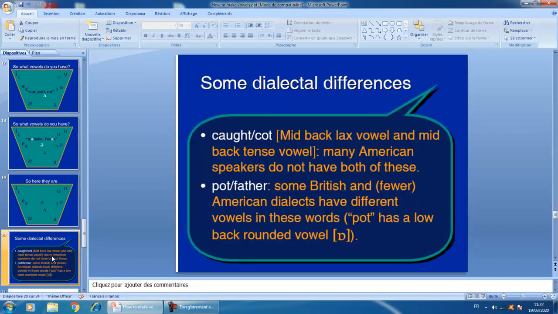Now we have introduced the vowels that we need in English, but let's talk about some dialectal differences. We can produce some words differently. So this is caught and this is caught. Mid back lax vowel and mid back tense vowel. In fact, the difference between a lax and a tense vowel is that for a lax vowel we don't make great effort in its pronunciation.